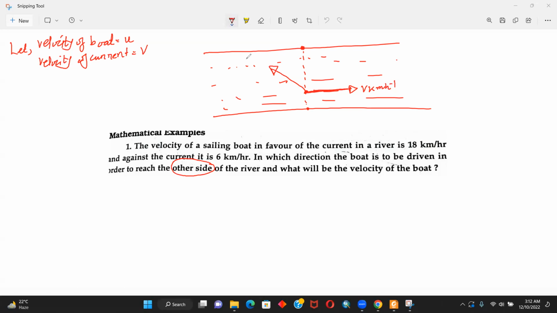It's not only mathematics. You have to be conceptually clear, or you have to visualize some things, right? If you go to the left and the tide pulls you in this direction, then you end up somewhat in this direction. Okay, so say this is u kilometers per hour. Okay, and the angle between these two is alpha. And obviously the resultant is r. Okay, let me know when you are done with drawing this picture.